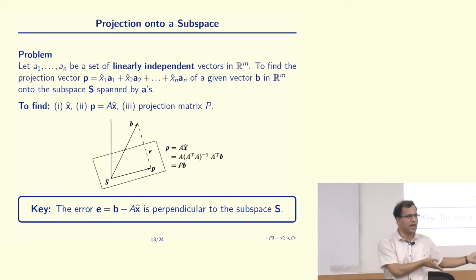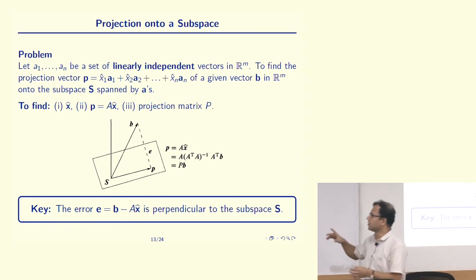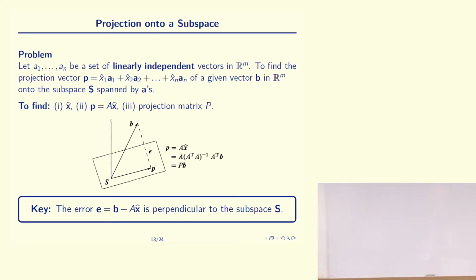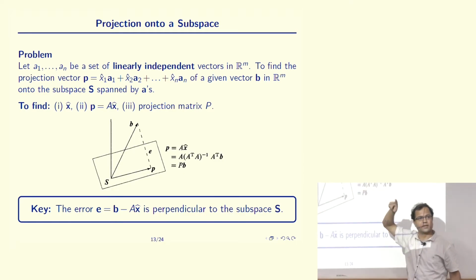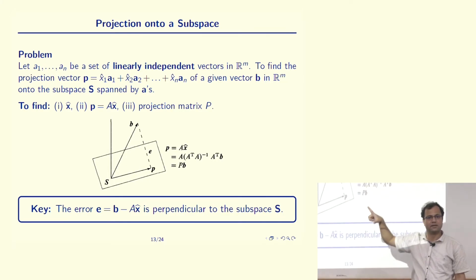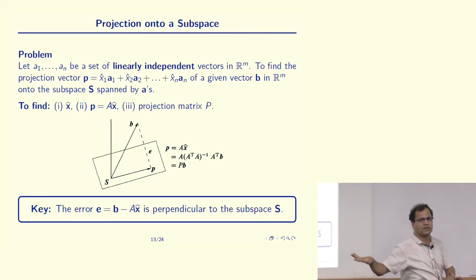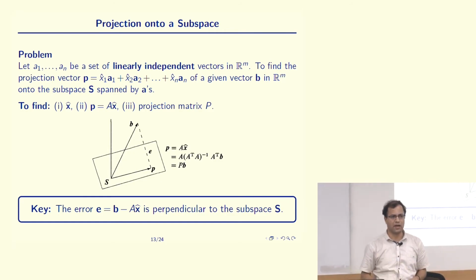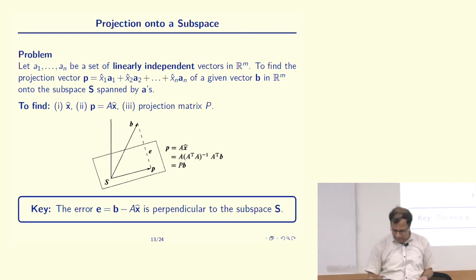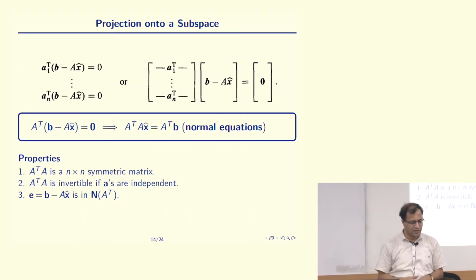The only difference is that here A is a matrix and x cap is a vector, whereas there it was a vector and a scalar. The rest of the treatment remains the same, and if you do it the way I computed x cap, you will be able to find it here also.